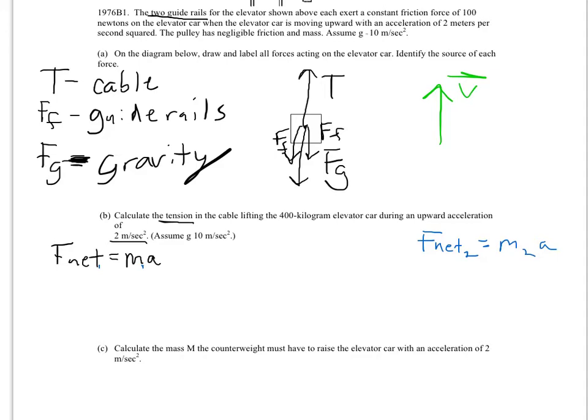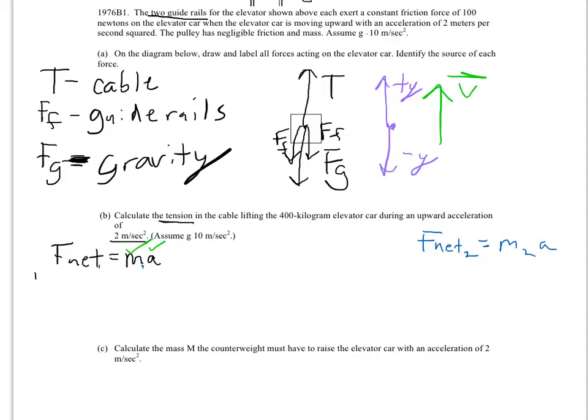But let's see. We know the acceleration for the object, we know its mass. Let's find out what forces are on it real fast. So it has tension, and we've got to decide a coordinate system. Since the elevator is going to move up, call up positive y and down negative y.